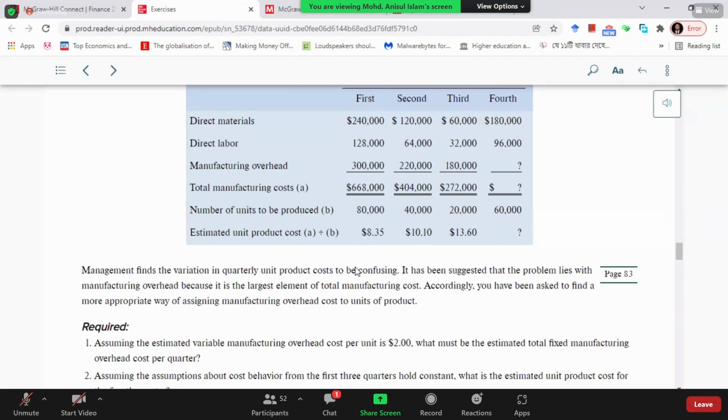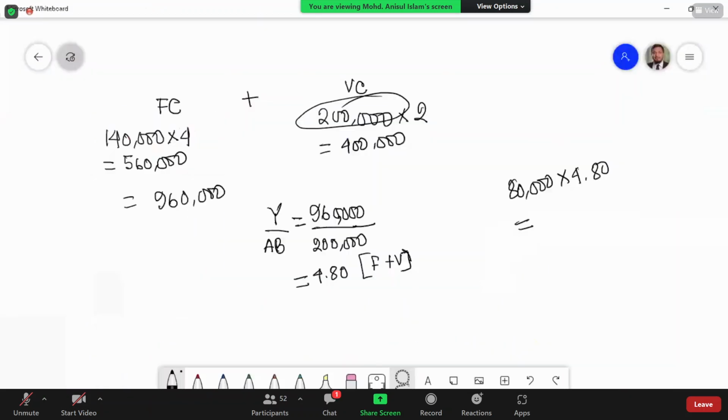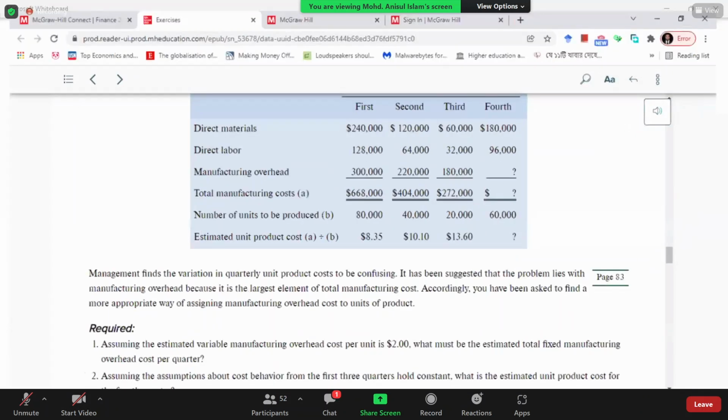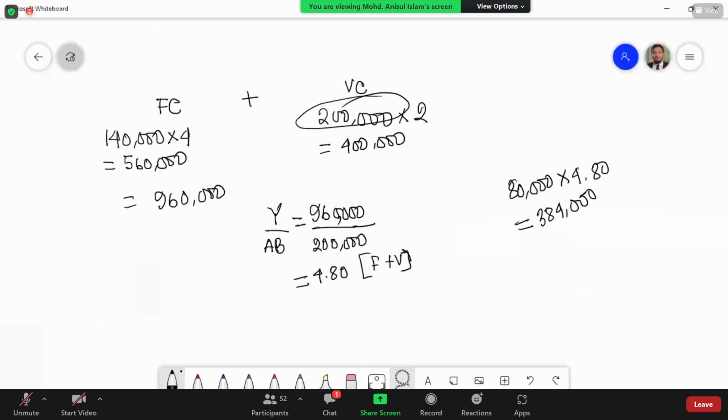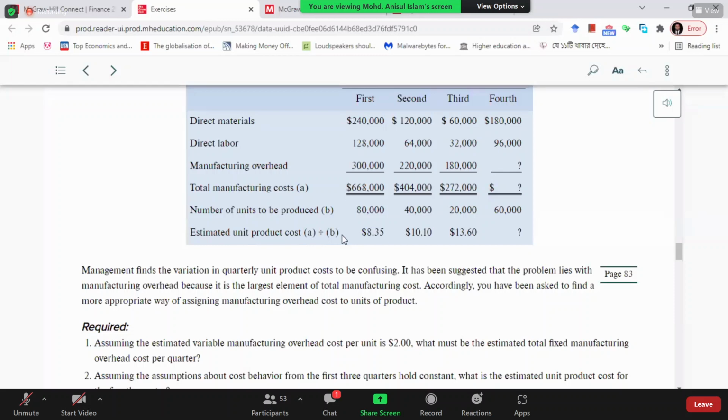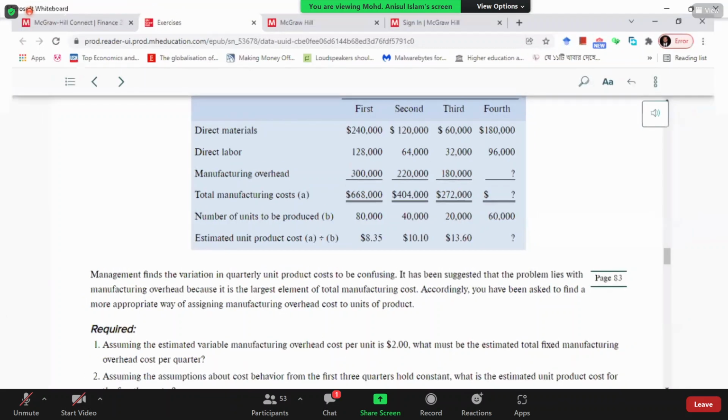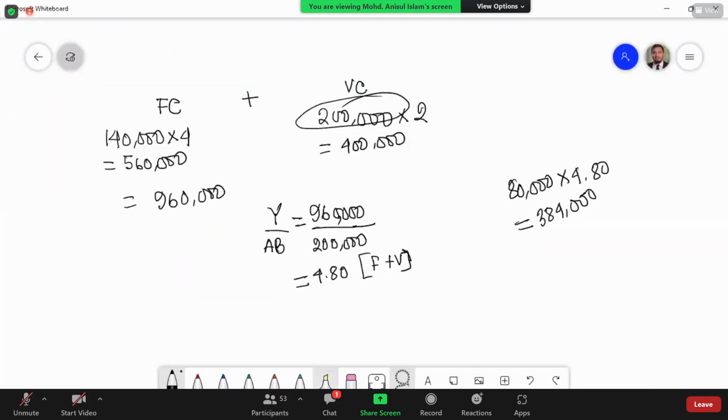As I have solved this, you have written 384,000. And now if we have the total manufacturing cost, if we add the 384,000 with 240,000 and 128,000, we will get in total 752,000.